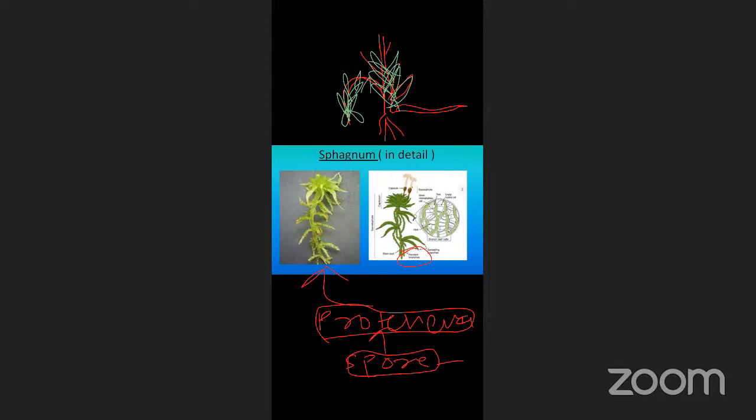This green colored part is called the leaves. These leaves are very thin, fleshy, with a broad base, midrib absent. There is no midrib.